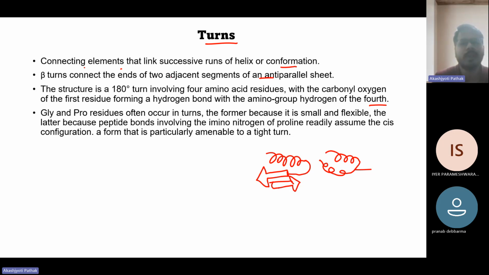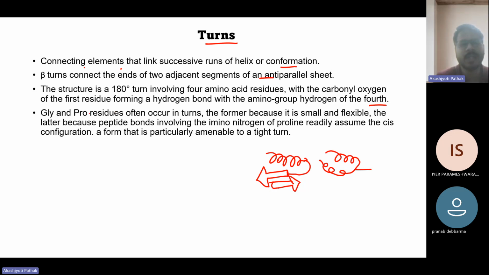Now, what you have to note over here is that in turns, glycine and proline are more favorable. Glycine is a very small molecule, with a smaller size compared to the other amino acids. And proline, because of its structure, can easily form bends, or can be easily present in these 180-degree turns.